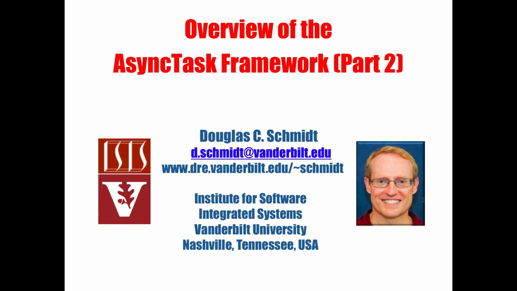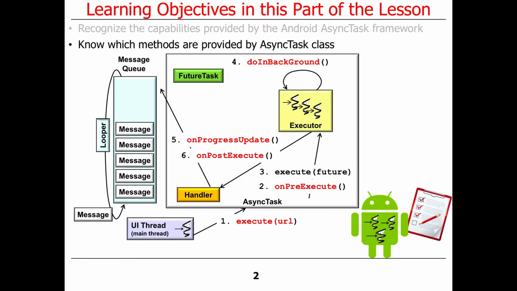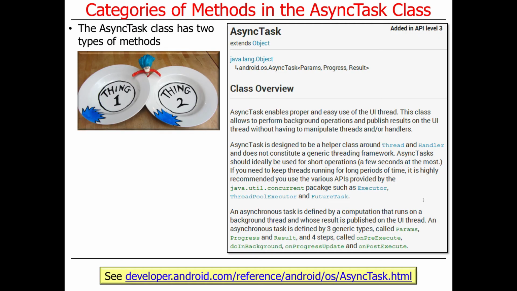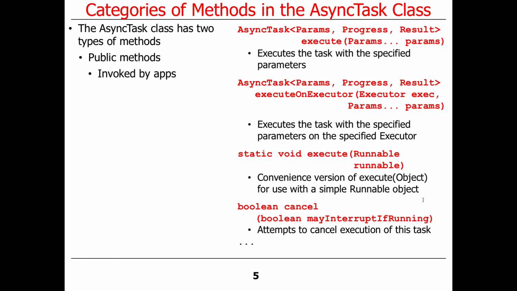So now that you know a little bit about the concept of async task, let's start diving into what methods it provides. And you'll see that it has a lot of methods. At first they look complicated, but they're actually quite stylized. So once you get the gist of it, it's easy to use. There are 2 general types of methods in async task. One are public methods that can be invoked by applications.